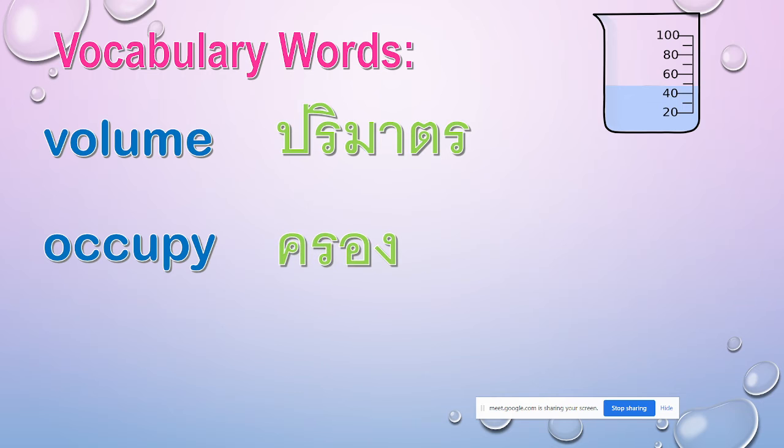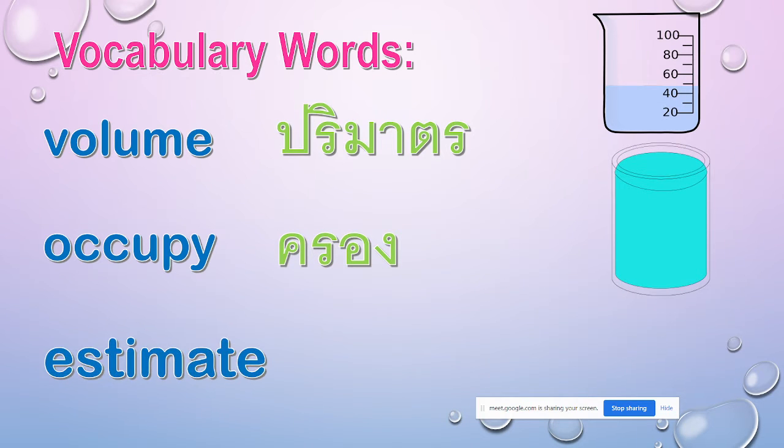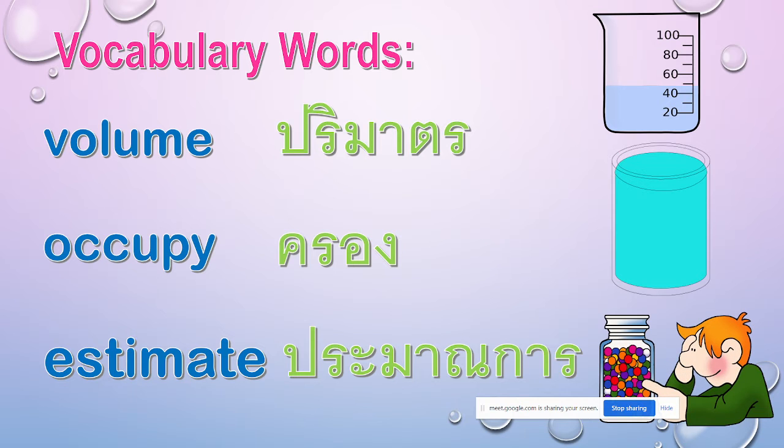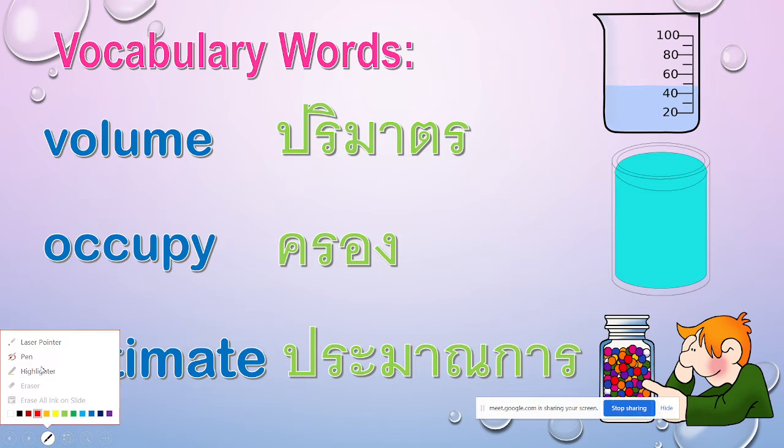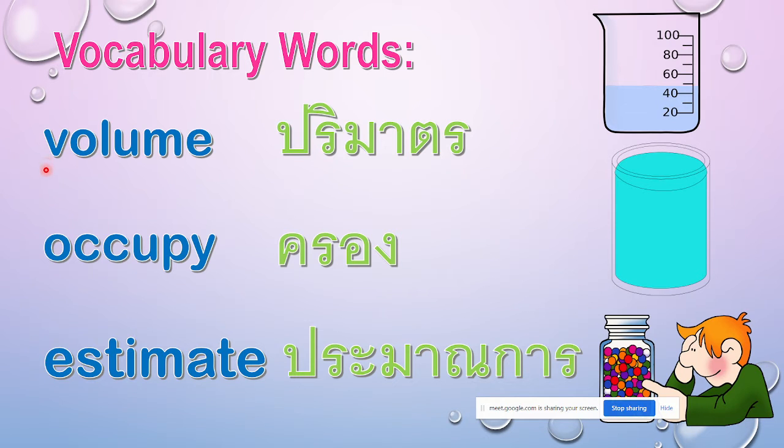And then the last one is estimate. Okay. Again, how do you read the first word? Volume. How about this one? Occupy. And the last one is estimate.